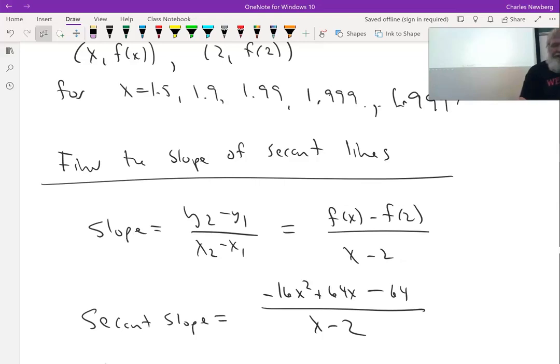And first thing I'm going to do is, since I'm putting in a fraction, I like to hit my fraction button first. Numerator, denominator. And then I'm going to put in my numerator minus 16x squared plus 64x minus 64, and what? All divided by what? X minus 2.